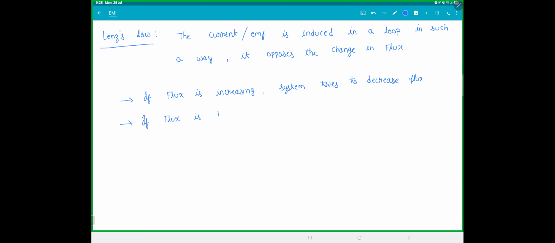If flux is decreasing, system tries to increase the flux. Clear? So let me show you with an example. Listen to this thing.